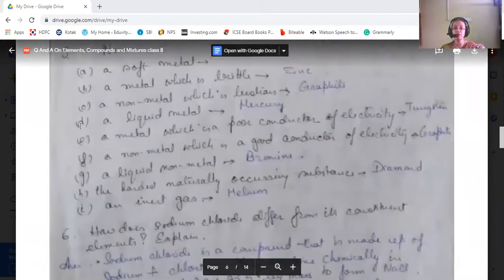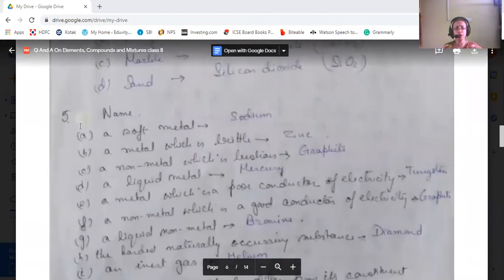Now we come to name the following. A soft metal, that is sodium. A metal which is brittle, zinc. A non-metal which is lustrous, that is graphite. A liquid metal, mercury. A metal which is a poor conductor of electricity, tungsten. A non-metal which is a good conductor of electricity, graphite. A liquid non-metal, that is bromine.